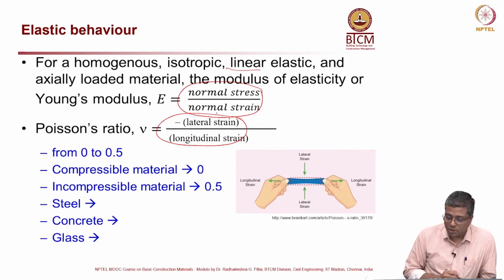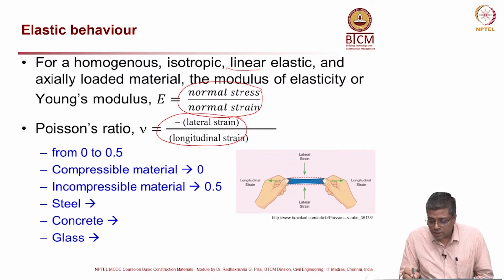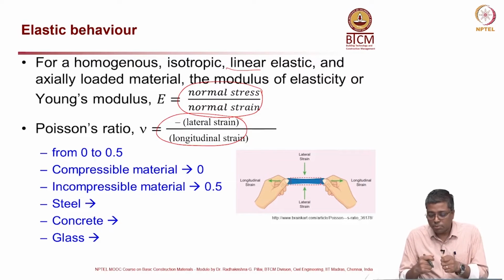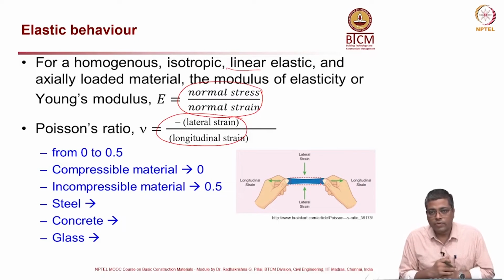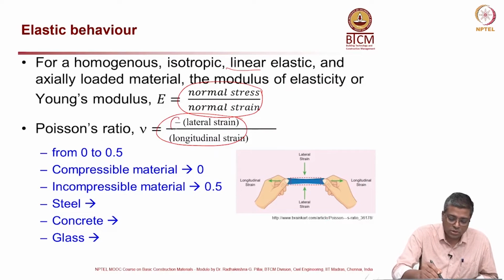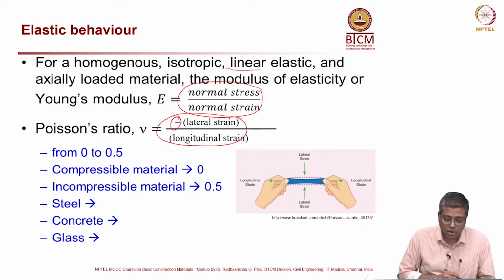Now, you can see in this picture here, a person is pulling that blue strip, and as you pull, the length or the longitudinal strain is more, length is increasing and the width of the strip is decreasing, and because one is increasing, the other is decreasing, that is why we introduce this negative sign here in the numerator of the Poisson's ratio.